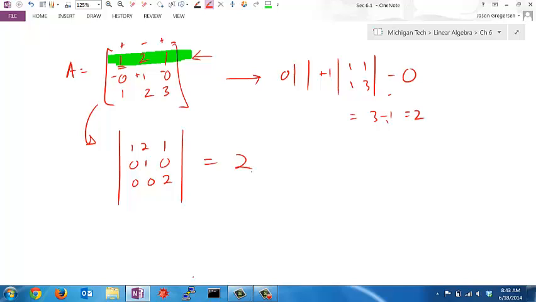I might go to REF because I don't want to have to divide by values, because that changes the value of my determinant. I also have to remember that if I switch rows, that will change the sign of my determinant. So if I'm just doing a determinant, I might do row operations just to get it to REF with these values here, and that would take the product of diagonals. But once I got to here, the determinant of this thing is just 1 times 1 times 2. Okay.